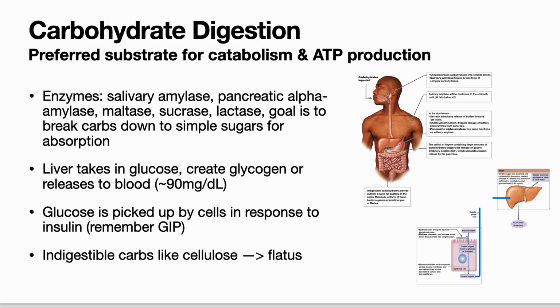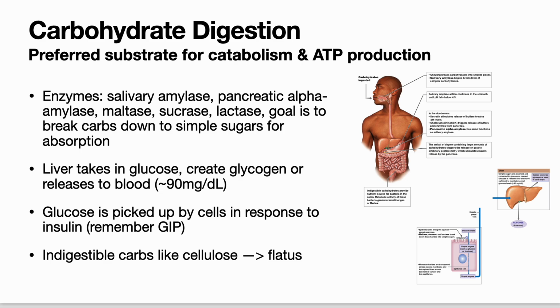And again, the goal here is we're going to take more complex sugars, disaccharides or bigger, and break them down into simple sugars like glucose, because those are much more readily absorbable across the epithelial cells of the digestive tract. The glucose that we absorb will ultimately end up in the liver.